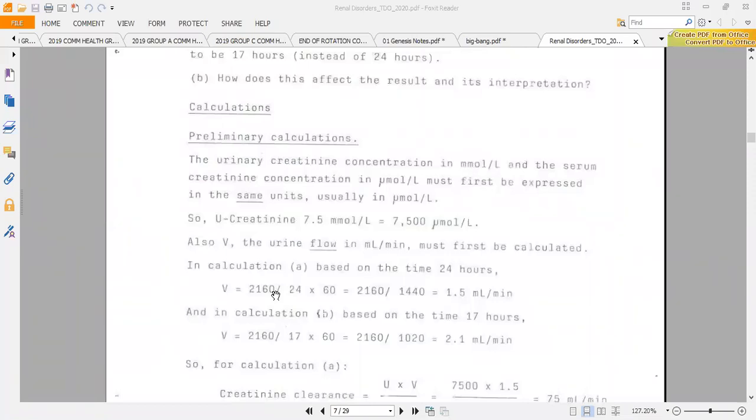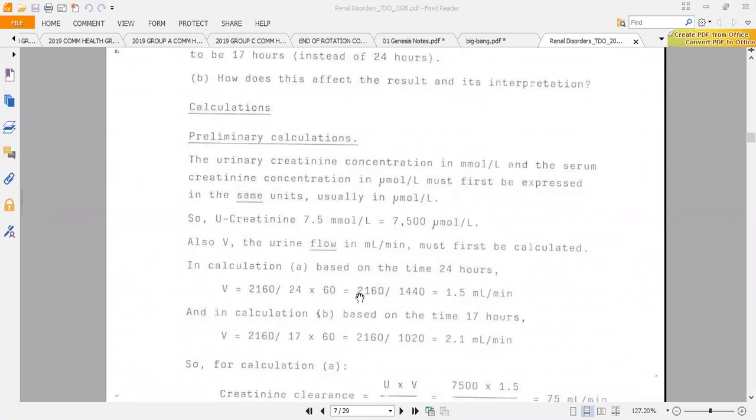If I divide it by 24 hours, the answer will be in mL per hour, but we want mL per minute, so you multiply 24 by 60, converting the 24 hours into minutes, which is 1440.